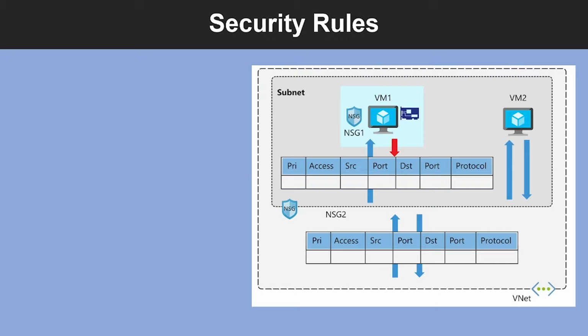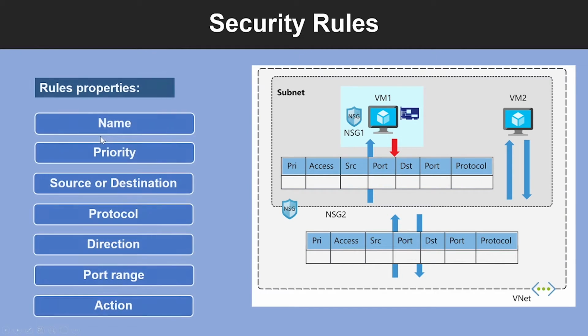An NSG contains one or more security rules, and these rules are configured to either allow or deny traffic. First, you provide a unique name within the network security group. Then you assign a priority, which is a number between 100 and 4096. The next step is a source or destination, which is any, or individual IP addresses, classes in CIDR block, service tag, or application security group.